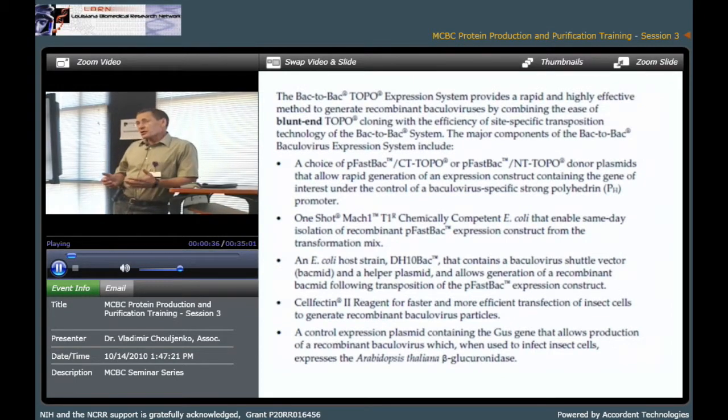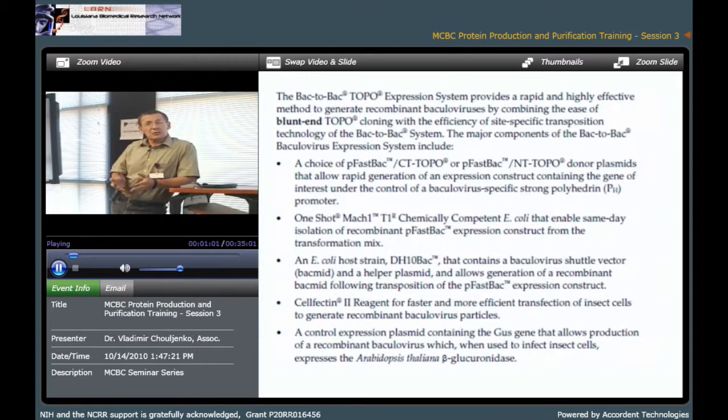There are two major components of this system. The first one is that they offer a choice of two different vectors, pFastBac, which have the same background, with the only difference being the carboxy-terminal or amino-terminal location of the epitope, which is used for purification purposes.